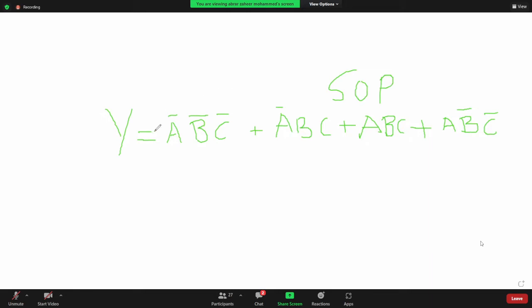These are the product terms: A bar B bar C bar is one product term, A bar B C is one product term, A B C is one product term, and A B bar C bar is one product term. When we add these product terms, it forms the sum of products, the SOP equation. So now how to express this SOP equation in the form of the K-map?